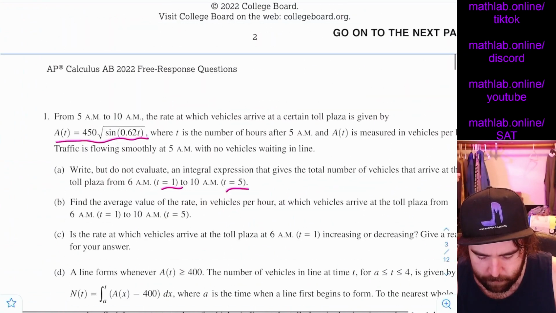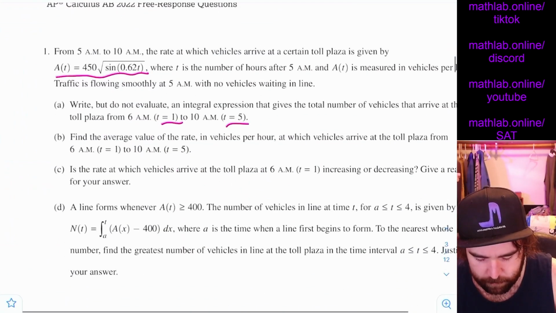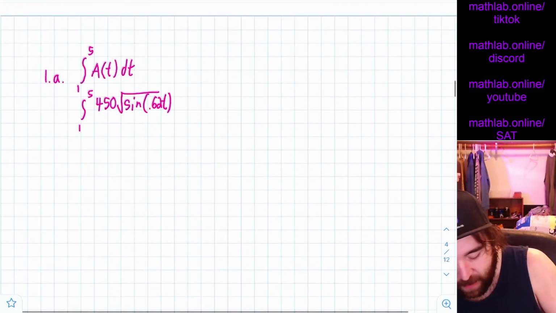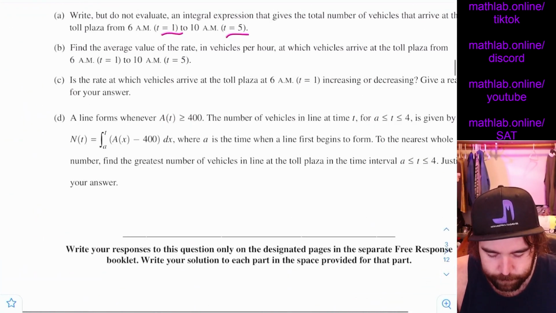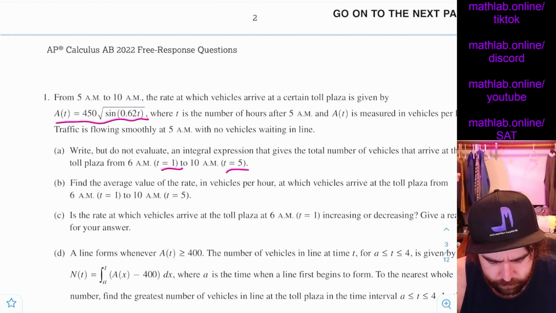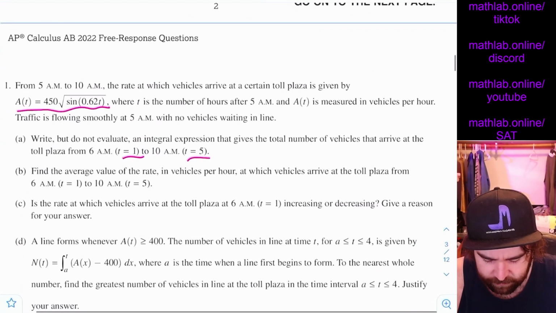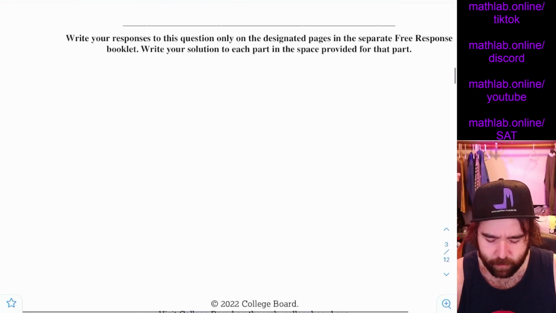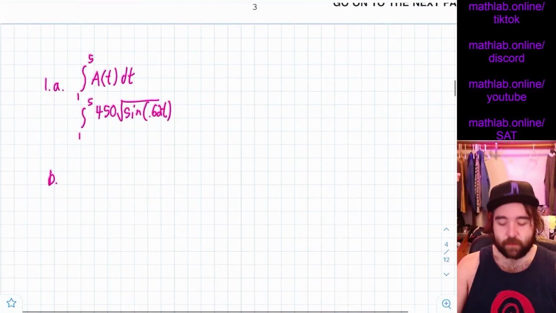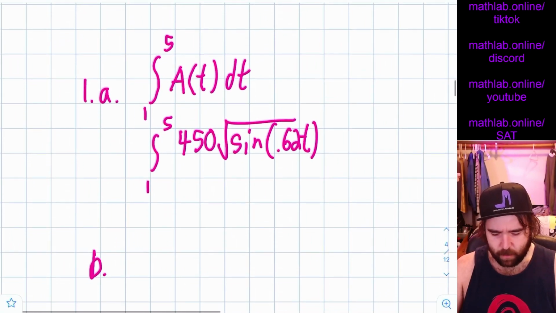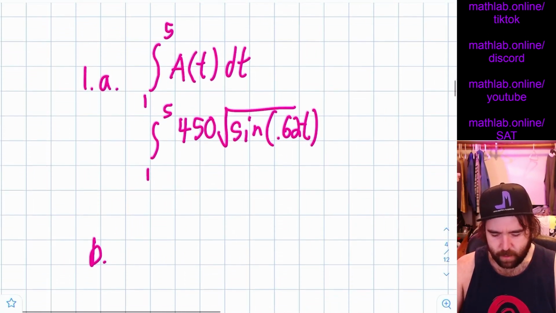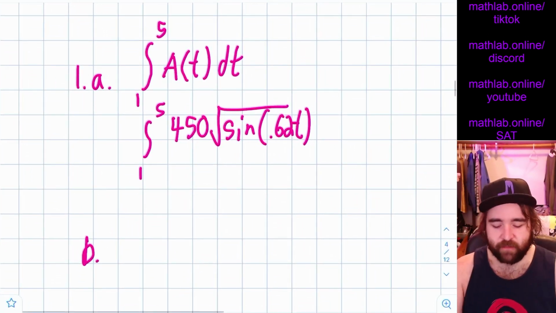Okay, so then let's do B. Find the average value from 1 to 5, and they actually want us to find it. Well, to do that, you just have to take the total number, which we just did up here, so this integral, and then divide it by the total number of hours.